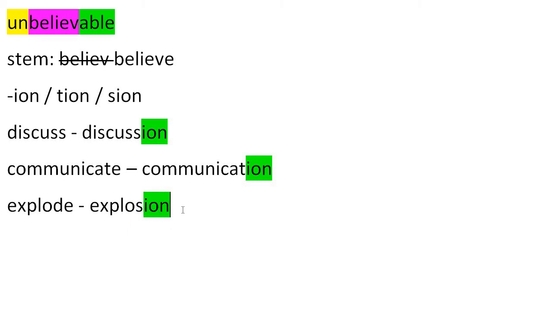Okay, now I think in an exam or a test, if I were to ask you to tell me what the root word is, I would have to say explode would be correct. If I asked you what the suffix is, you could either have said the SION or the ION. I think I would accept both because it modifies the way the word is spelled when you change it into a noun instead of a verb.